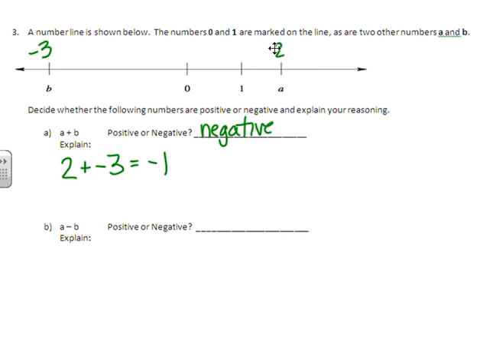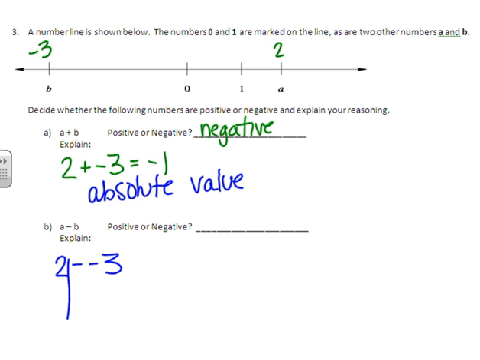We have more negatives than positive, or there's a greater absolute value for B than there is for A. So the number that has the greater absolute value is the one that tells us if it's positive or negative when we're adding. So again, make sure on part A you say something about the number with the greater absolute value.